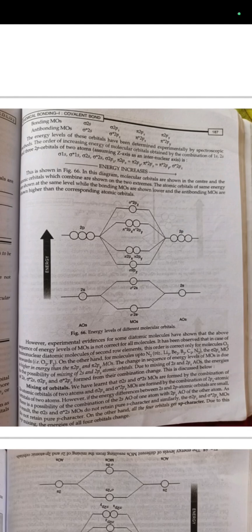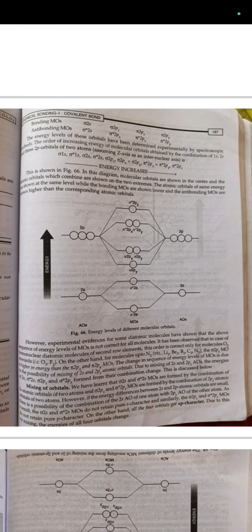However, experimental evidence for some diatomic molecules has shown that the above sequence of energy levels of molecular orbitals is not correct for all molecules. It has been observed that in case of homonuclear diatomic molecules of second row elements, this order is not correct for molecular orbitals onwards.